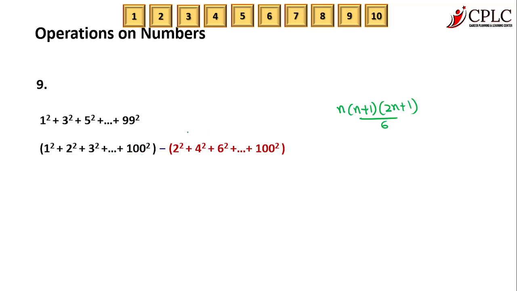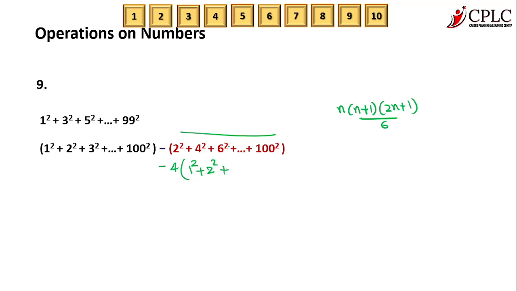But now again for the second half there is no formula. So what we can do is we can take 4 common out. Why 4 common out? Because the first number is 2 square, which is 4 itself. If we take 4 common out, it is 1 square. Second term is 4 square. If you have taken 4 out common, the number left inside is 4, which can be written as 2 square.